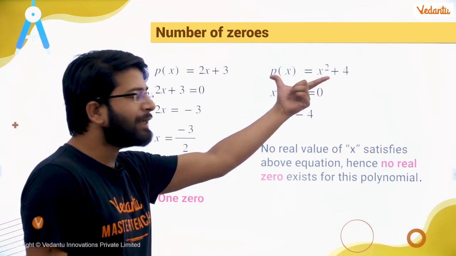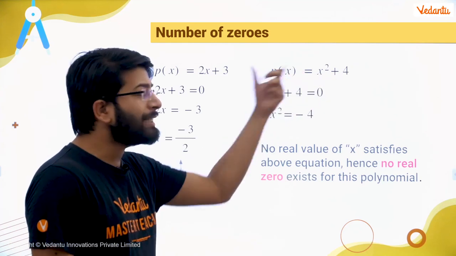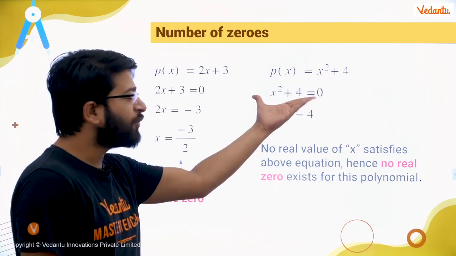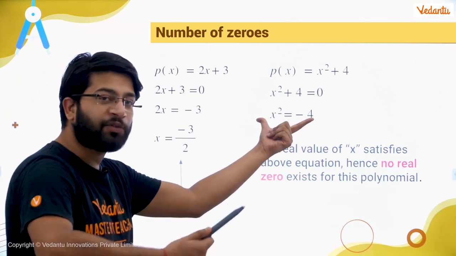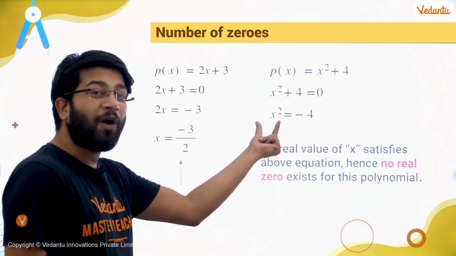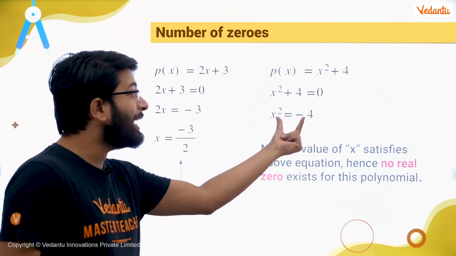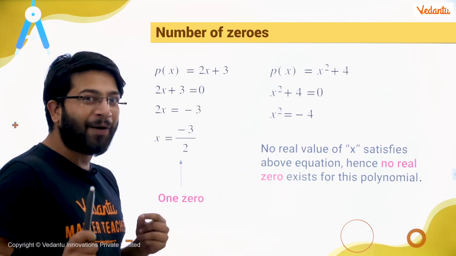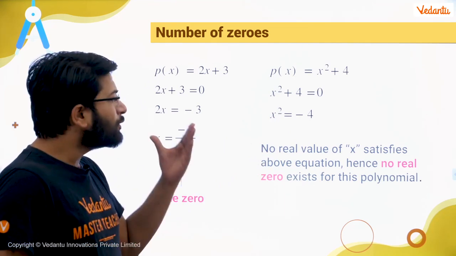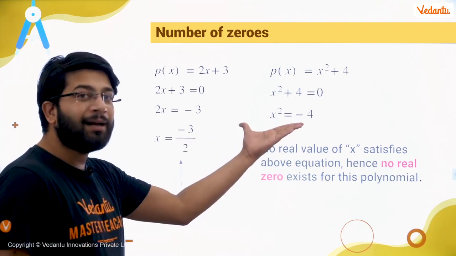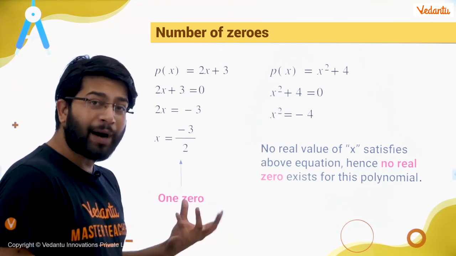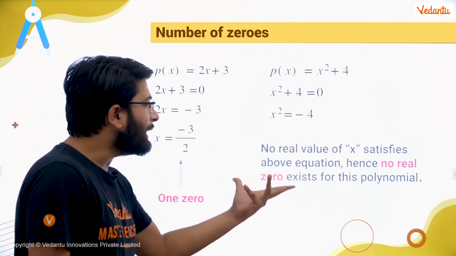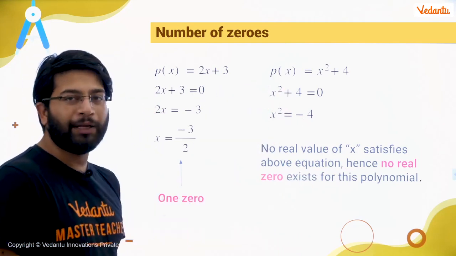Whereas if we take a quadratic polynomial, x square plus 4 equal to 0, so x square becomes equal to minus 4. Now square of any real number cannot be negative. So no real x will satisfy this equation. There is no real root for this polynomial.